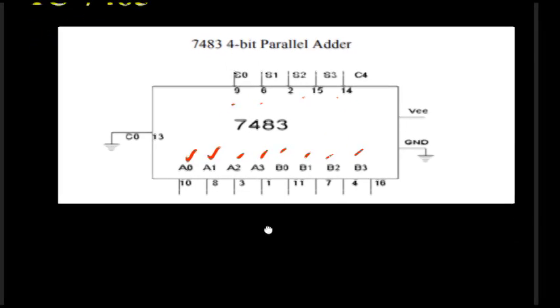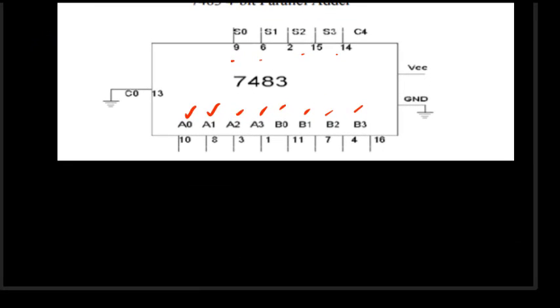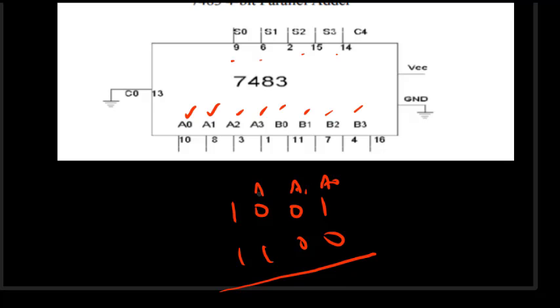Now, how does it add? Suppose I have to add 1001 and 1100. Suppose these are the two numbers which have to be added. This is A0, A1, A2, A3, and this is B0, B1, B2, and B3.